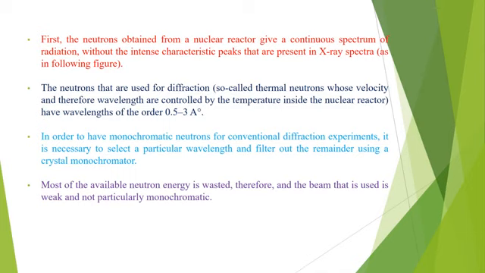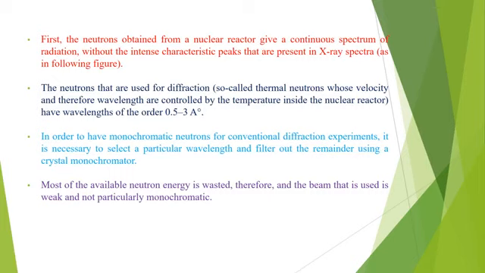The first difference is that the neutrons obtained from a nuclear reactor give a continuous spectrum of radiation, without the intense characteristic peaks that are present in X-ray spectra, as coming in the following figure in the next slide.